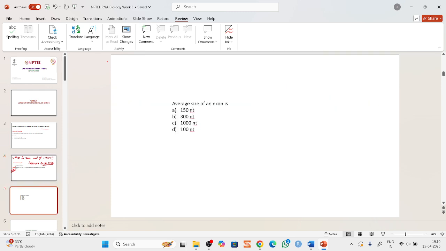Now let us solve a very quick question. The average size of an exon is: 150 nucleotides, 300 nucleotides, 1000 nucleotides, or 100 nucleotides.